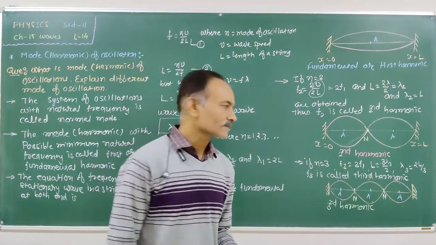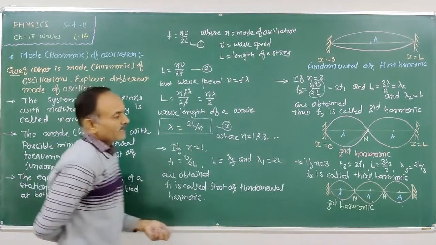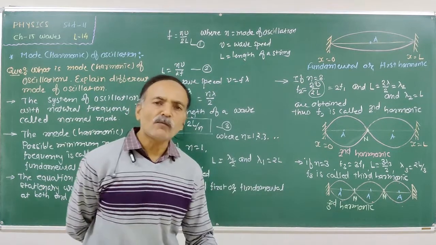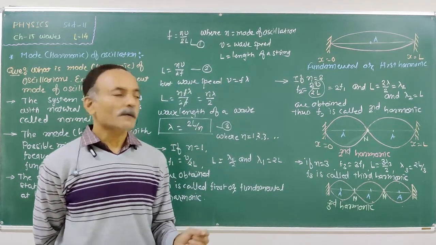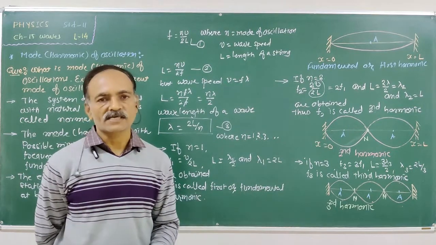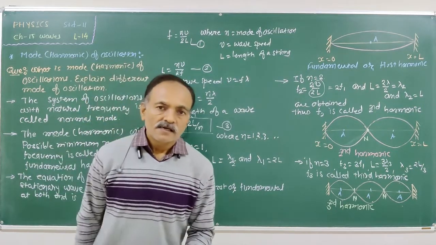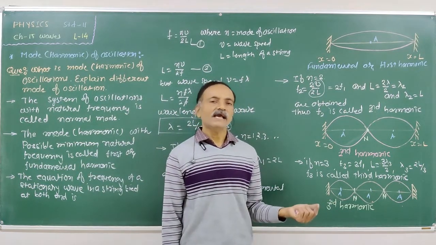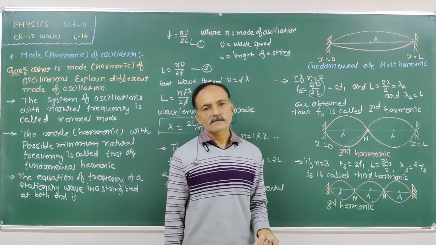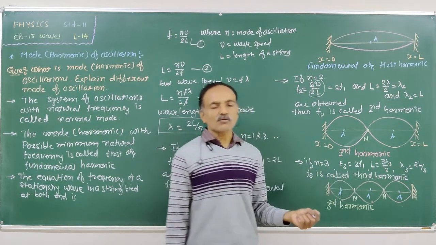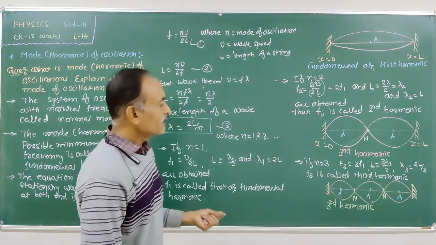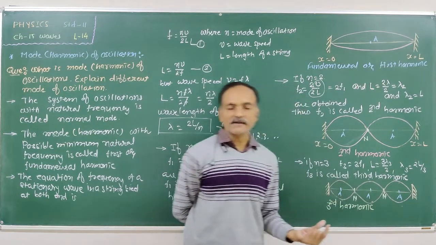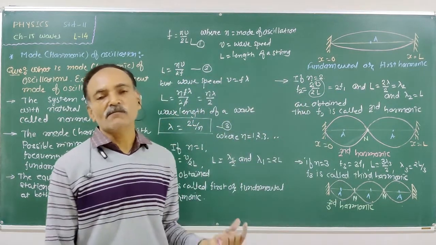Now listen. In a string, in general, the string oscillates with different modes of oscillation, or a superposition of different modes of oscillation. Among them, some are strongly excited, while some are weakly excited in the string.